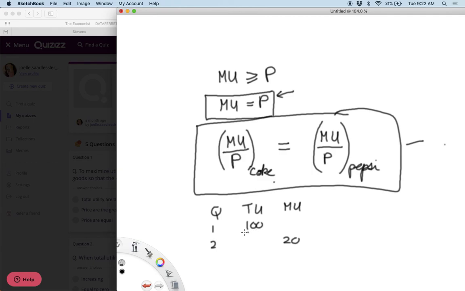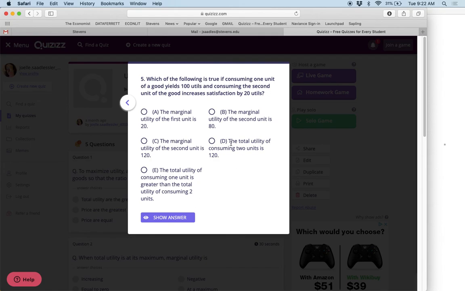The additional utility from the second is 20. So that means the total utility of 2 is 120. Again, if total utility of 1 is 100 and the additional utility of the second is 20, that means total utility of 2 is 120.